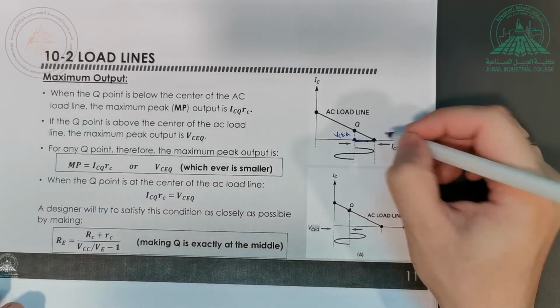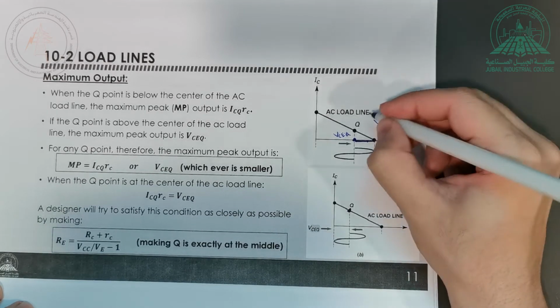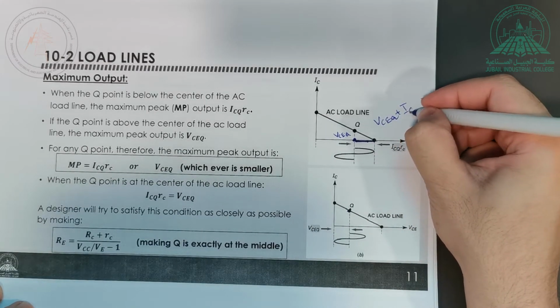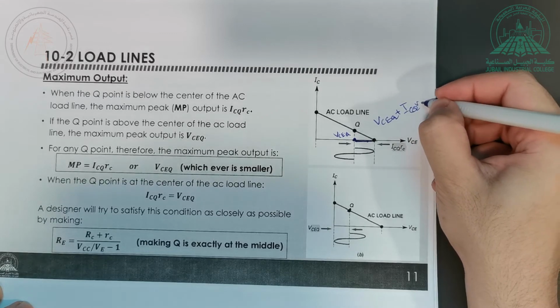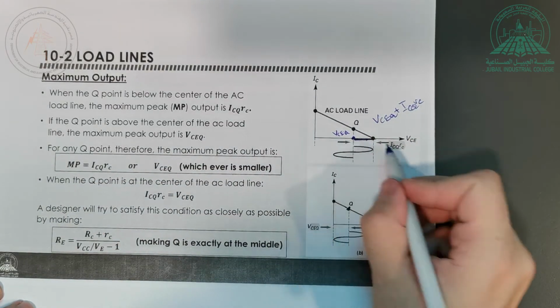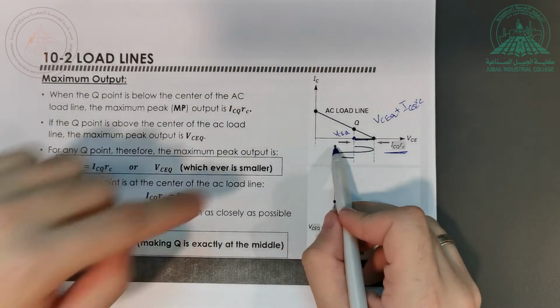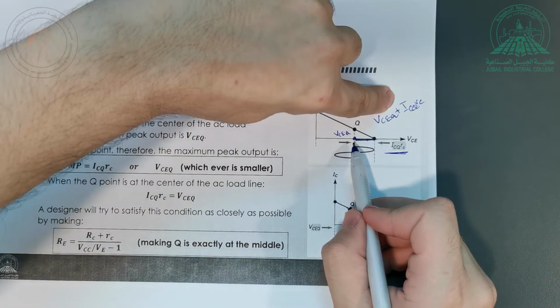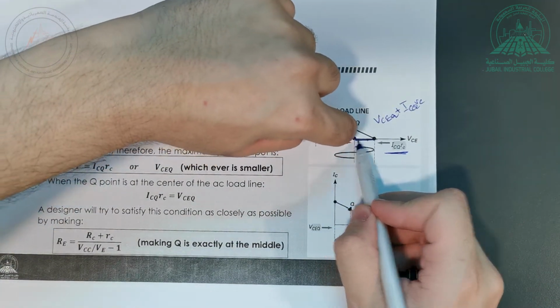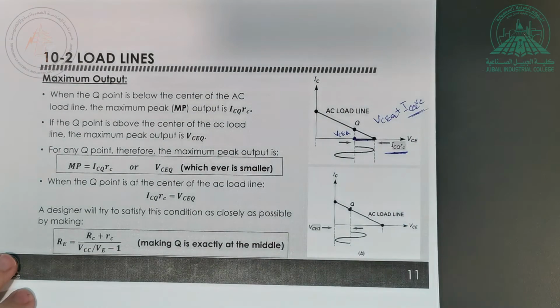We said this point is equal to VCEQ plus, by the voltage rule, ICQRC. This distance from here to here is equal to ICQRC only. See, from here to here it's VCEQ plus ICQRC. But from VCEQ to the end of the load line, this distance is equal to ICQRC, this alone.